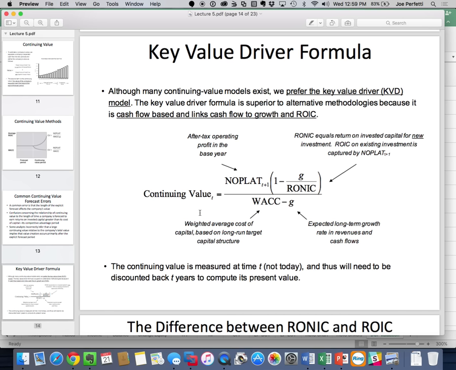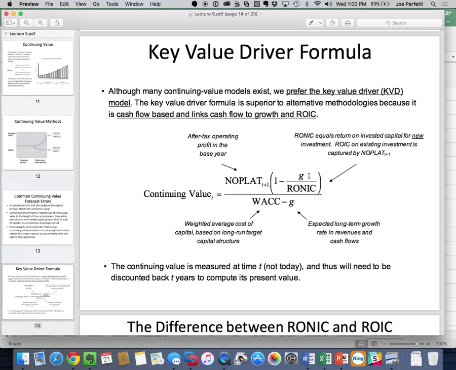NOPLAT T plus 1 is, for intents and purposes, the 2020 NOPLAT in our model. So again, when we forecast, we always forecast 1 additional year beyond our defined period. That's why we did 6 years. All right, so the first 5 years are year-by-year forecast. Year 6 was the beginning of continuing value. If we wanted 10 years of defined period, we'd forecast a year 11 to be the continuing value period. So that's what this T plus 1 represents.